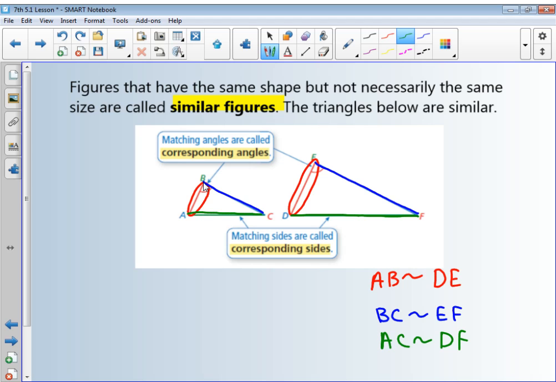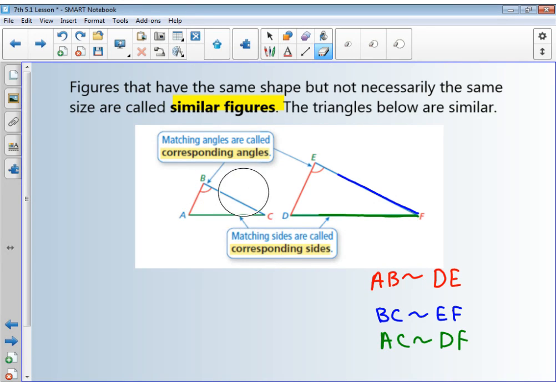We also have corresponding angles. Once again, same thing, only this time you're talking about the angles that are in the same position on each figure. As you start working through these concepts, you'll be able to identify the angle measures in both of the triangles because their angle measures will be the same. So here, A corresponds to D. They're in the exact same position.